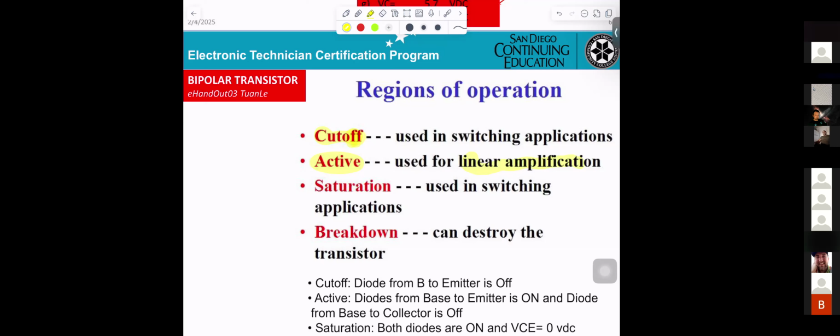Okay. And the last one, saturation. Same thing, like cutoff, used in switching applications. Last part, breakdown. That will destroy the transistor, so we cannot use that.